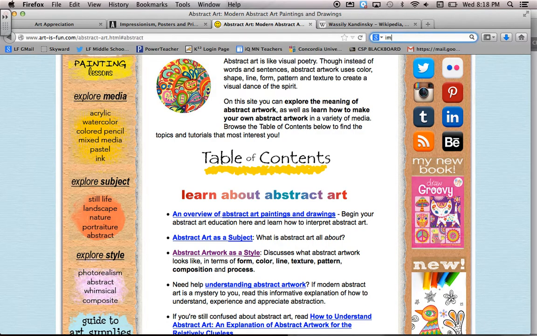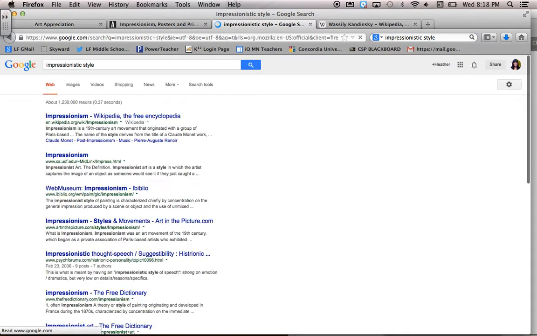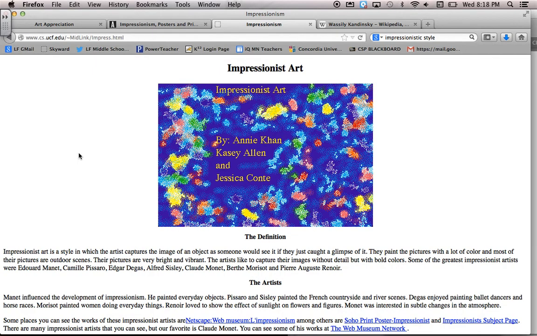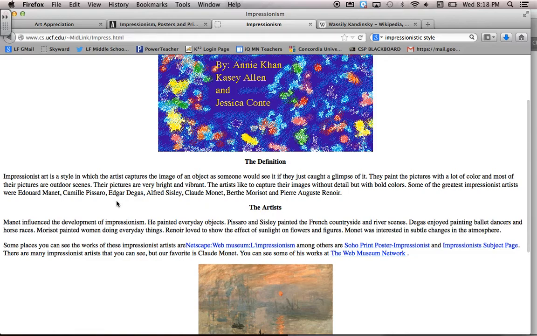Impressionism is a style in which the artist captures the image of an object or someone as if they just caught a glimpse of it. They're almost trying to take a picture of time.